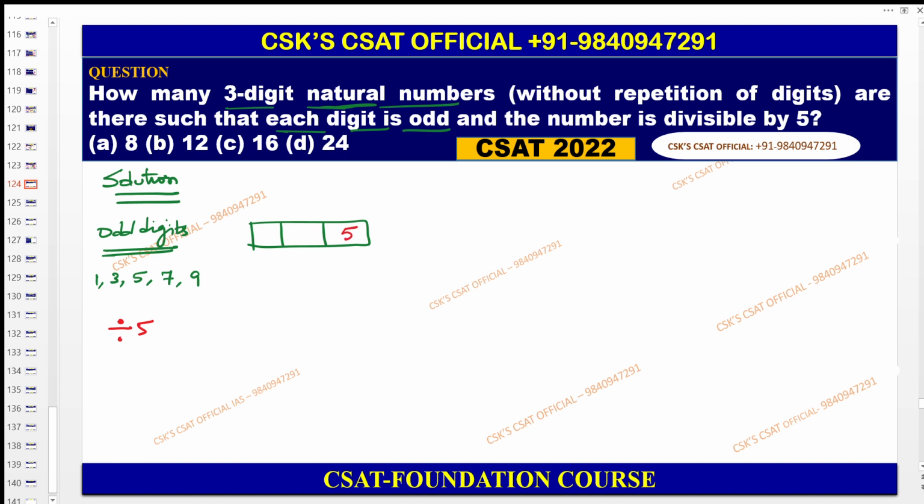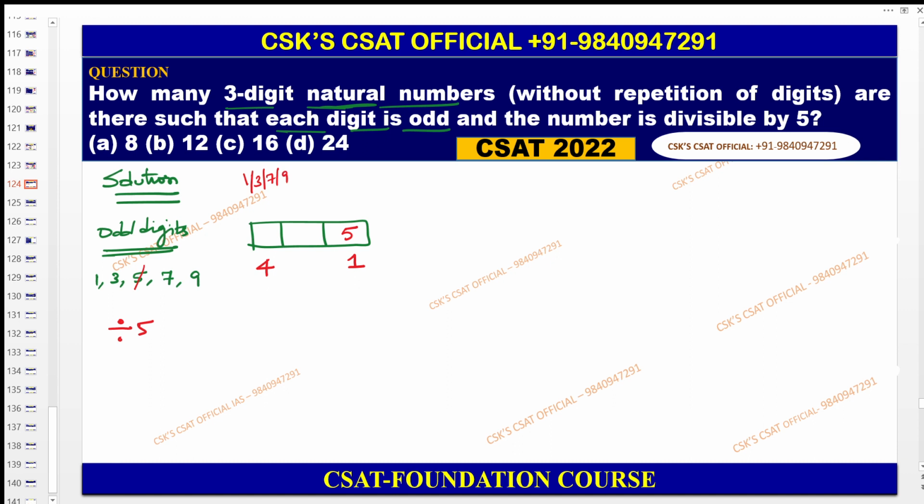Among these, only one is possible to fill this place. So eliminate that one. To fill the 100 place, how many digits are left? 4. It can be 1 or 3 or 7 or 9. Anything you can place here.